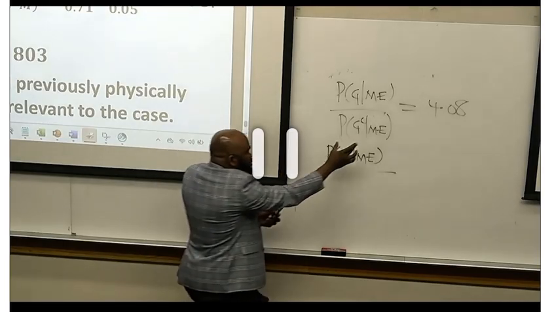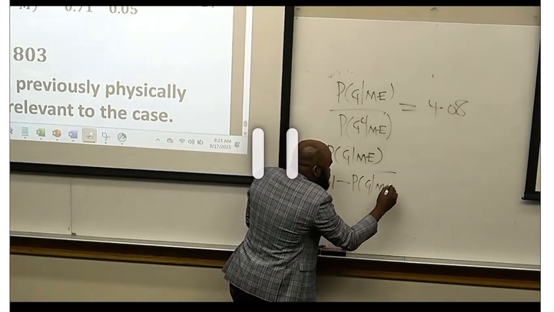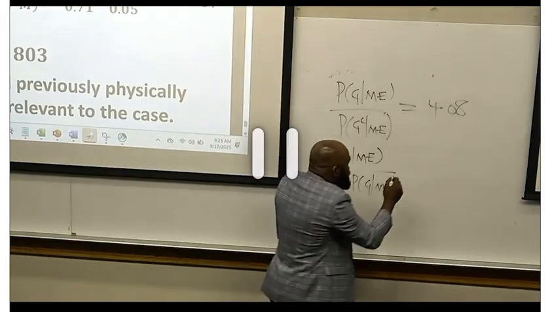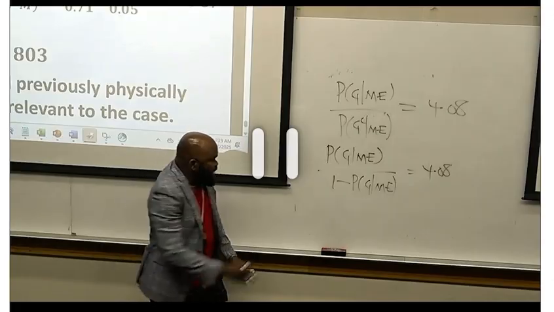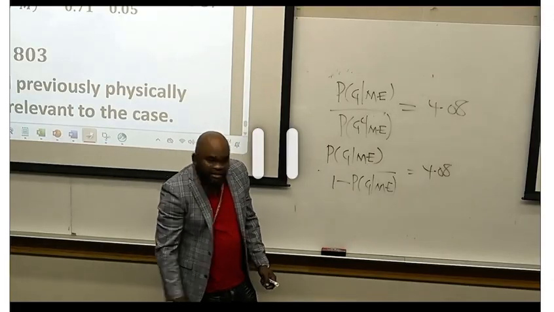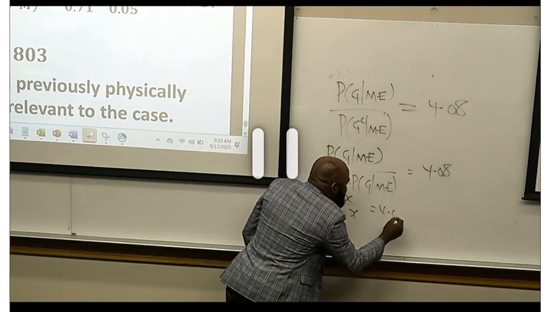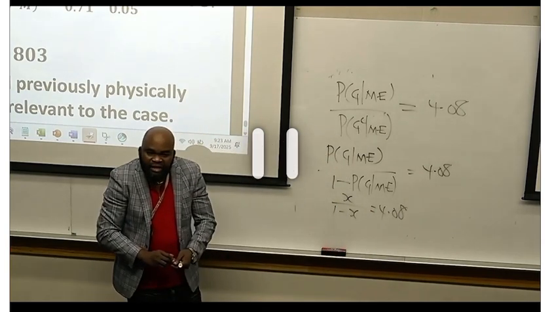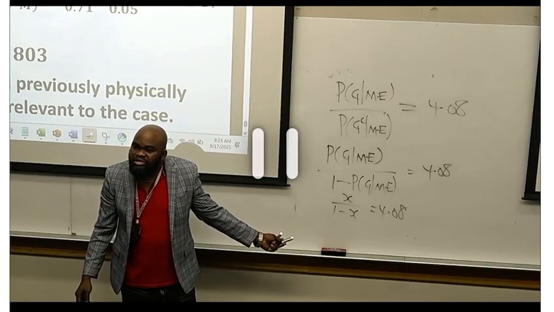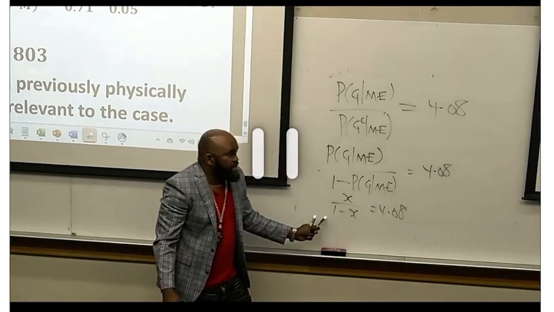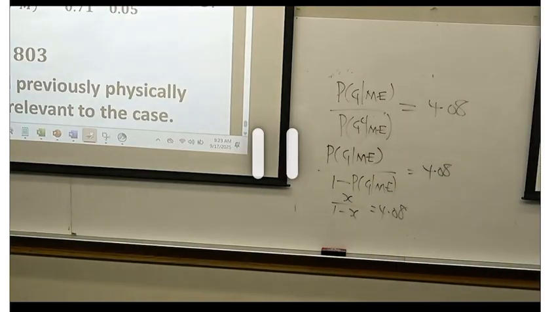So this guy will be 1 minus the top one, equal 4.08. I can let this guy be x. I'm actually going to have x over 1 minus x equal to 4.08. Then I'm going to solve for x. You see why you do equations in high school? When you solve for x, your final answer is going to be this guy.